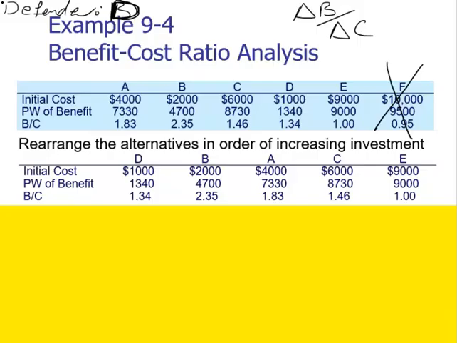And after that, we go for B minus D. And if the result is equal or greater than 1, it means that it is worth spending that $1,000 extra and doing project B, because the return on that $1,000 extra is greater than the cost we have already incurred.